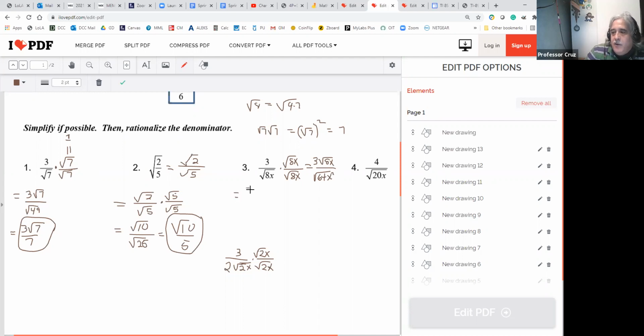And then this is going to be 3 square root of 8x over 8x. Now, problem is because we didn't simplify the 8x like I did here, we're going to have to do it here anyway, but it doesn't really matter.